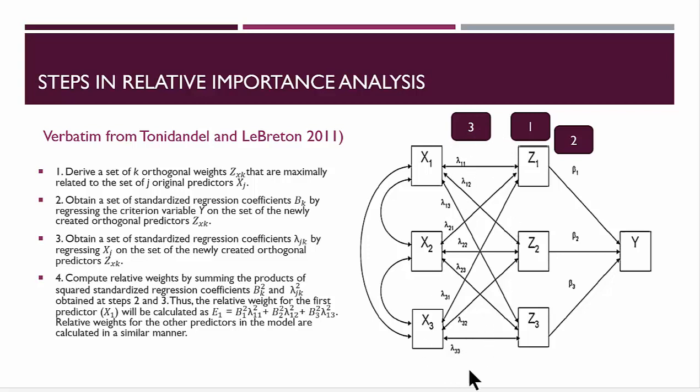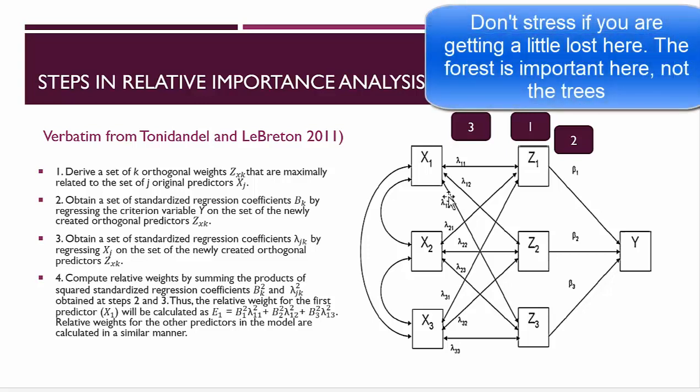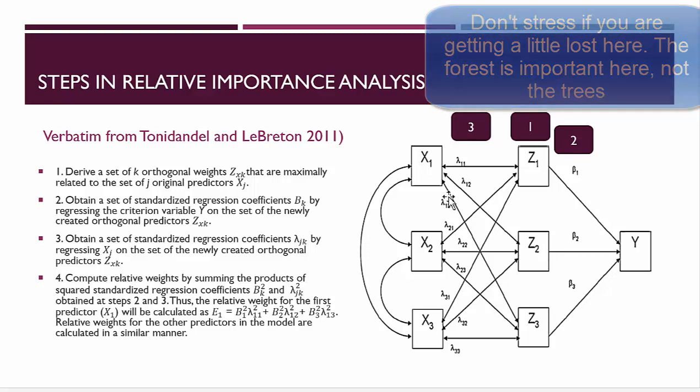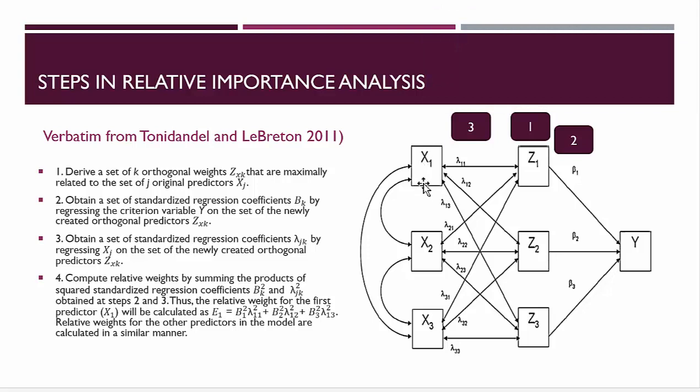And then in the fourth step, all we're doing is multiplying those coefficients that we computed in steps 2 and 3 in order to come up with the relative weight for each of these predictors. So, the relative importance.